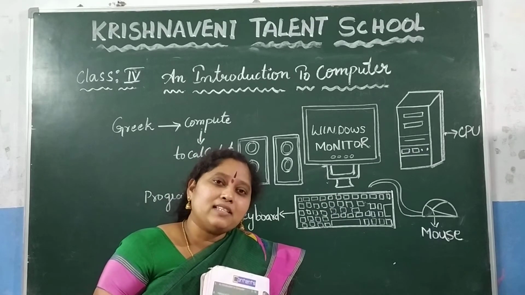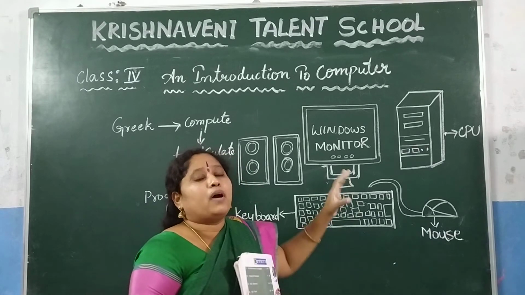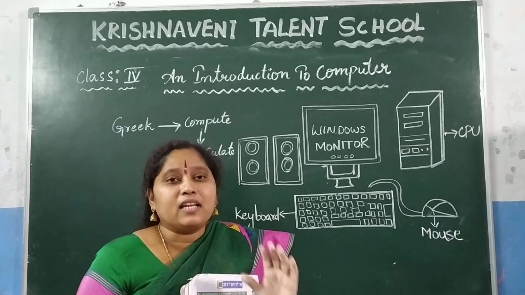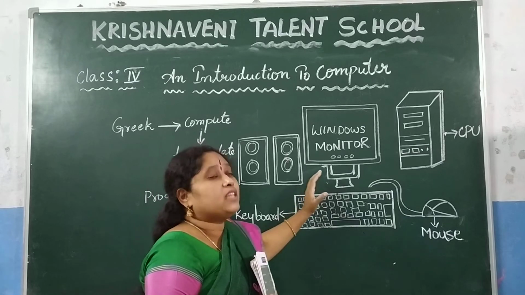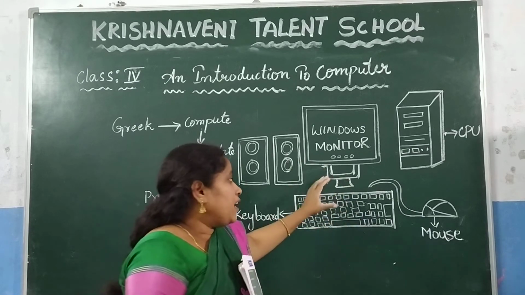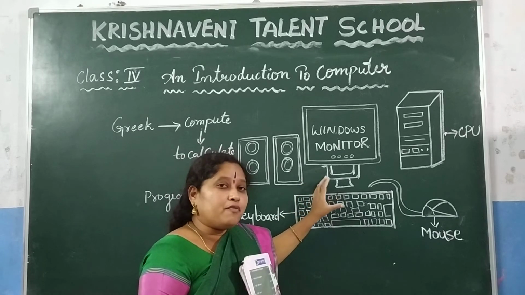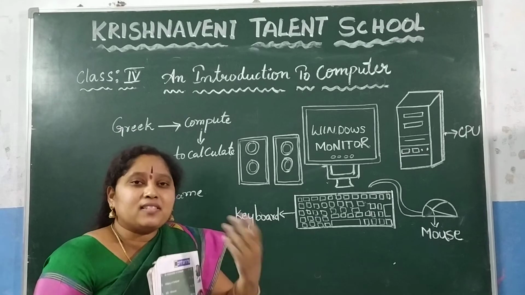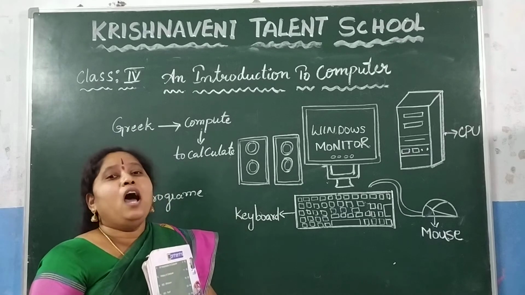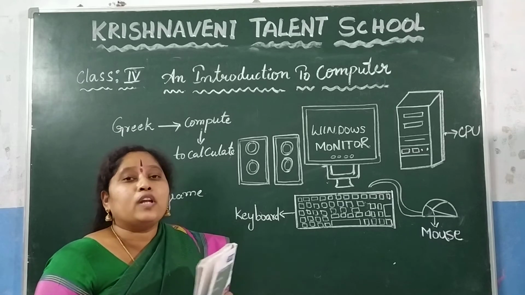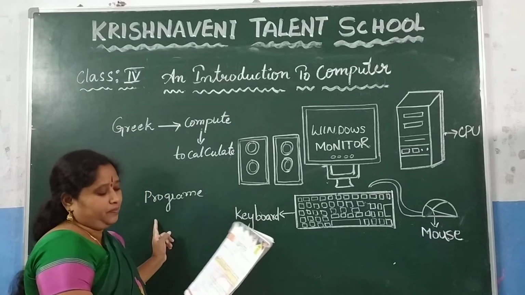If we give meaningless instructions, the computer will not perform any action. That's the reason we have to give a set of meaningful instructions, and then it will take the instructions, process the data, and give the output. So, a set of instructions is known as a program children.